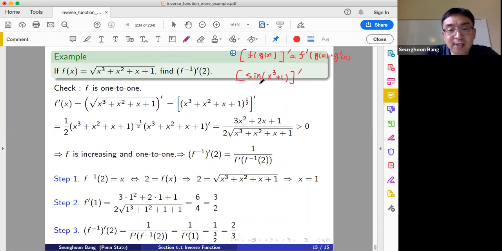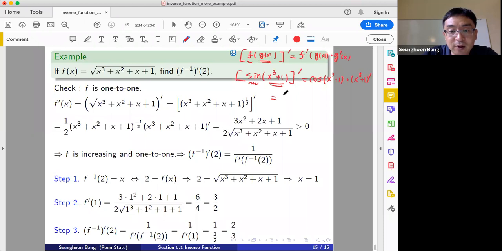In this case, the sine function is f, and x cubed plus 1 is g of x. The first one is exactly the outer function prime. The outer function is sine, and its prime is cosine of the inner function x cubed plus 1, times the inner function prime, x cubed plus 1 prime.